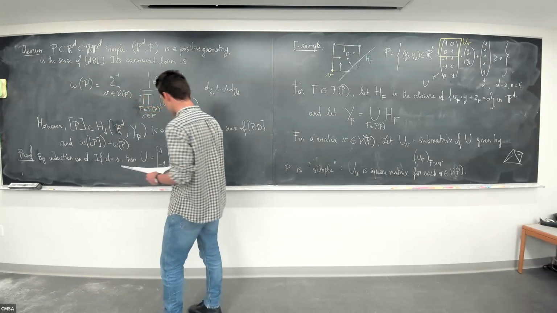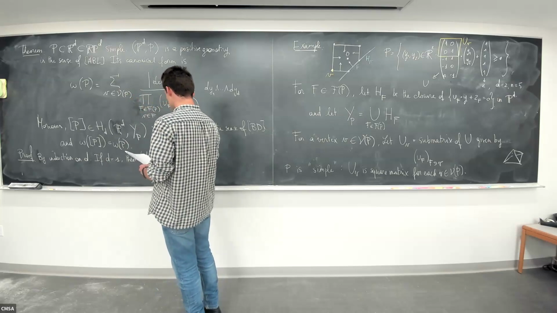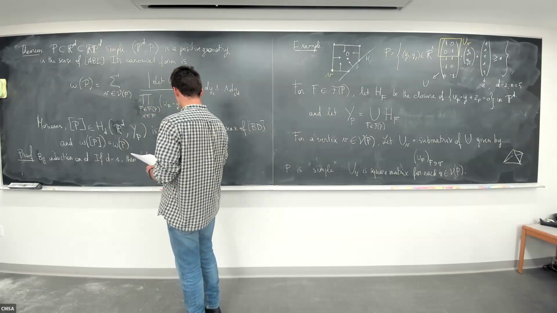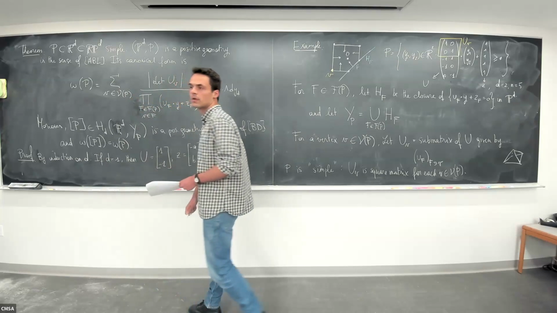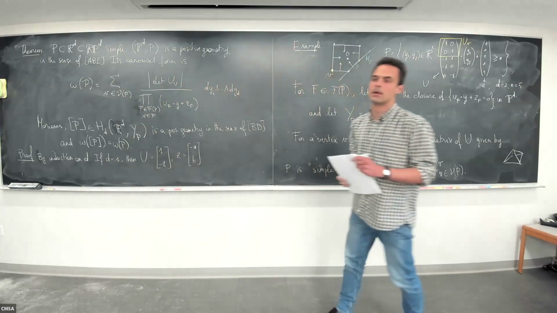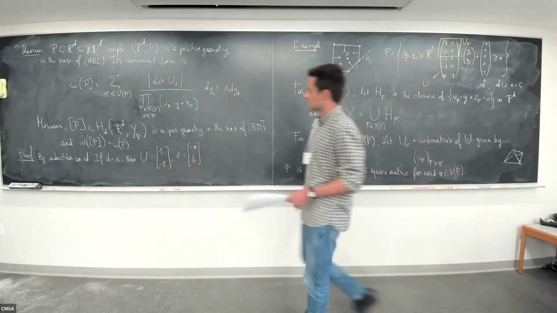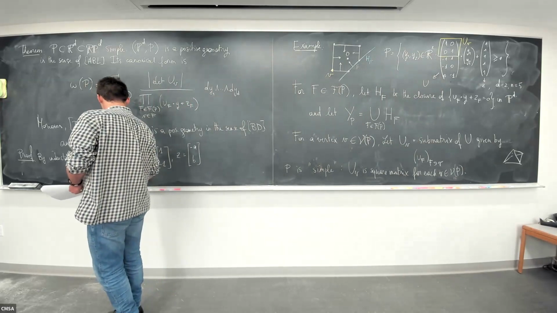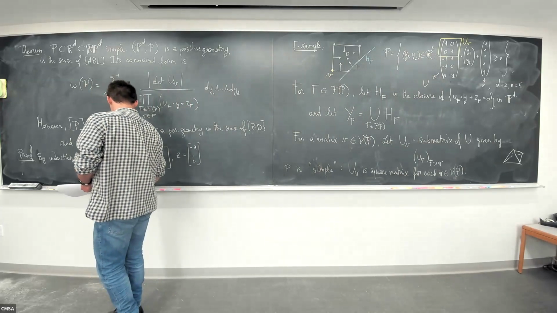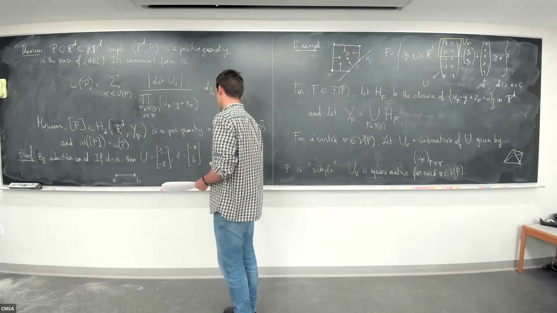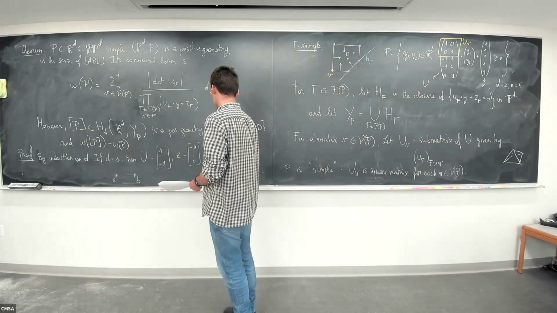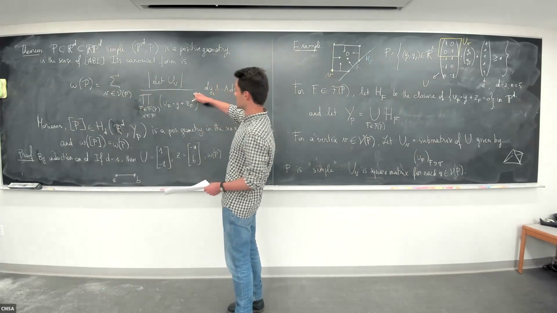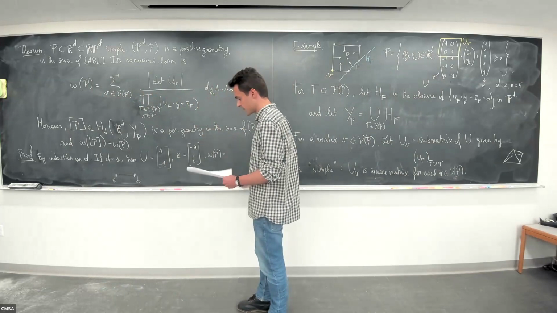Its U matrix is 1, minus 1, and its Z vector is minus A, B. So the line segment has 2 vertices, so this formula will have 2 terms.